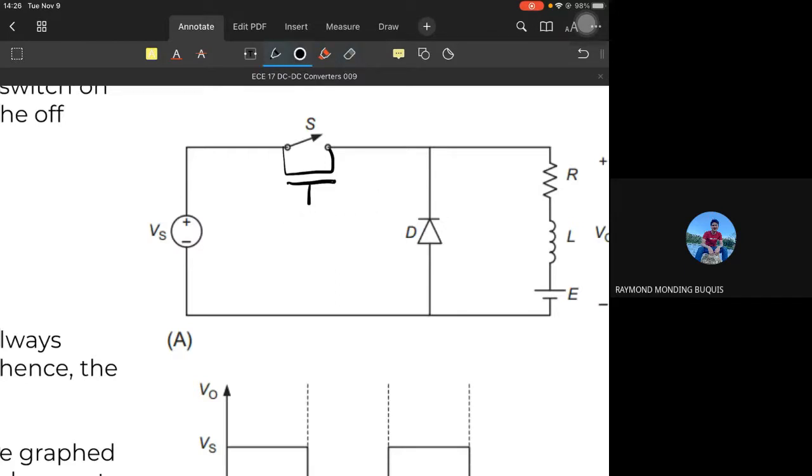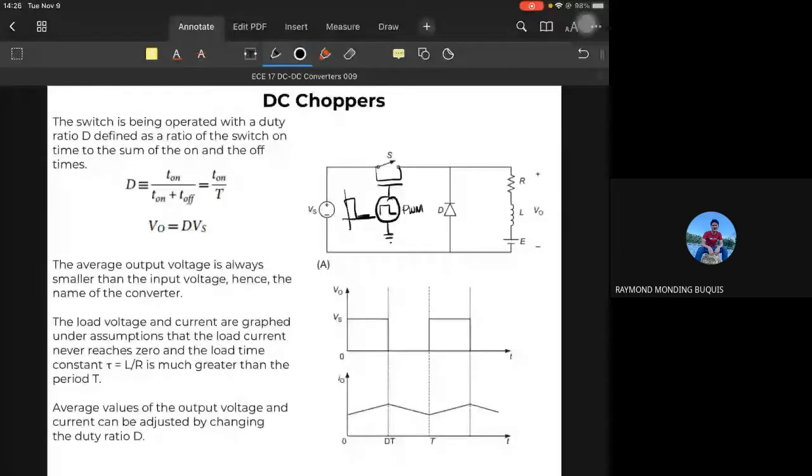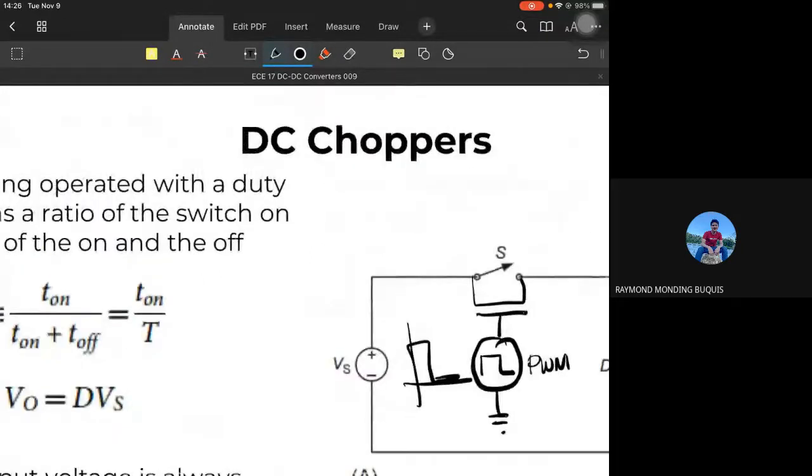So if it is a pulse width modulator, we know that if the signal is on, the switch is on. If the signal is off, the switch is off. So that's how it works. We've covered that before. So the switch is being operated with a duty ratio or duty cycle. This could also be termed as duty cycle.